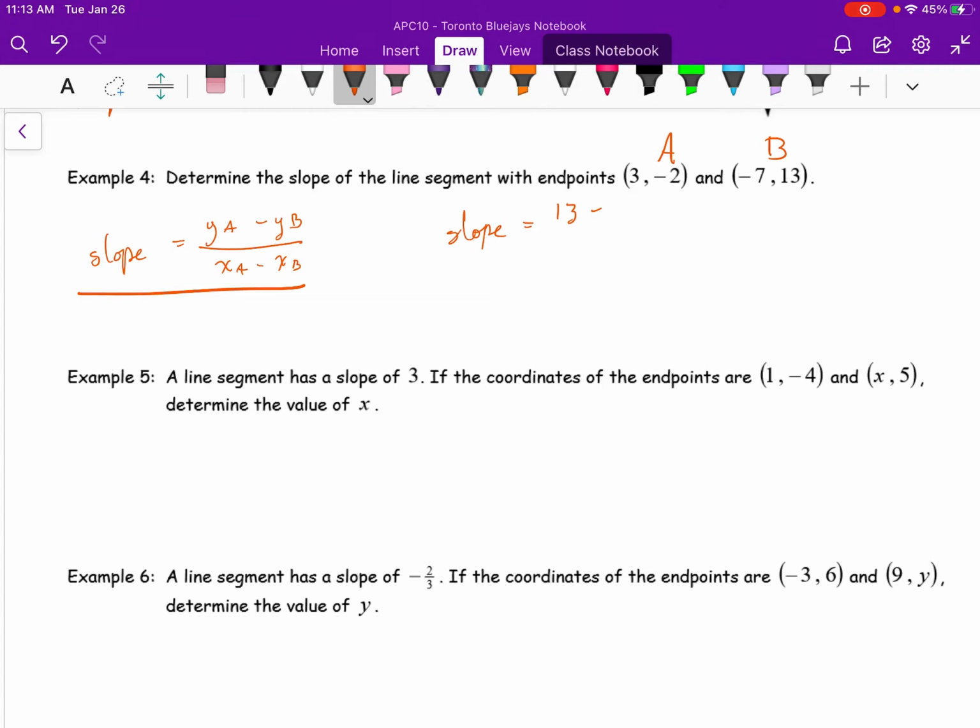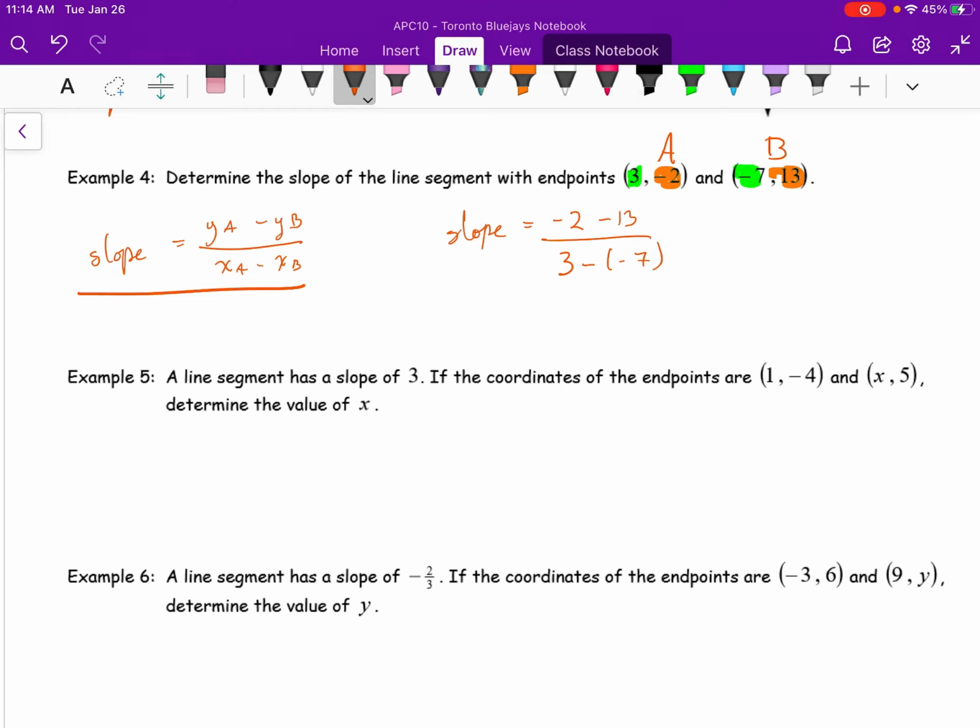YB is 13 minus YA, I got this mixed up. YA is -2 minus YB, 13, divided by XA minus XB.